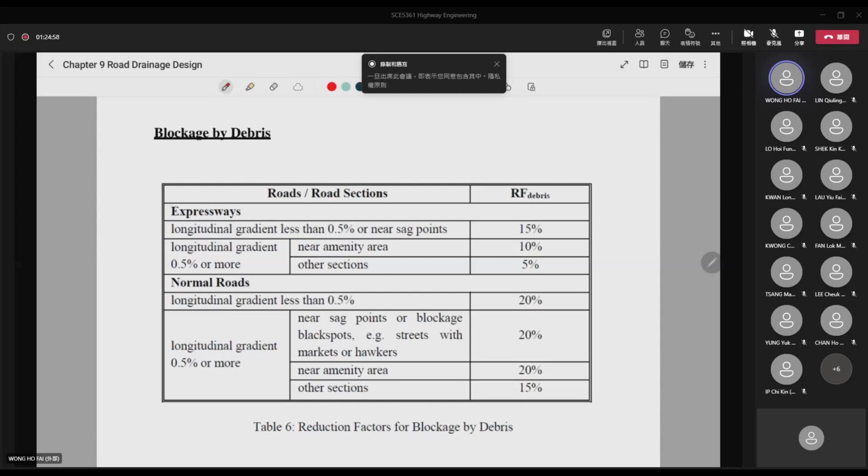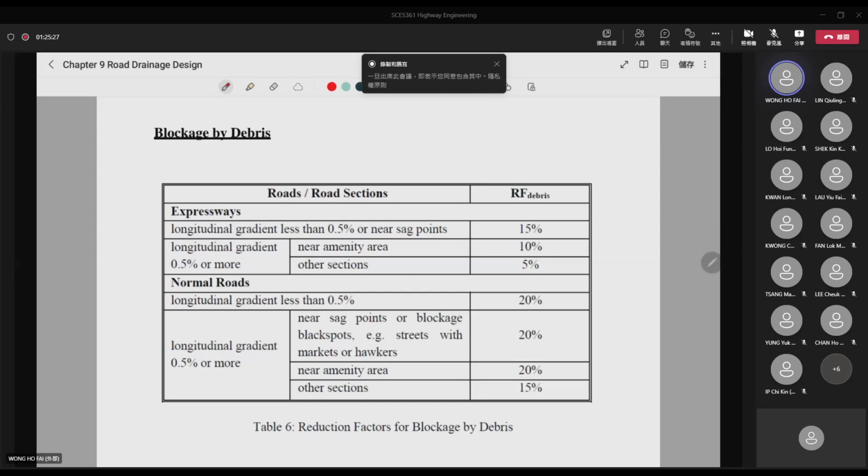And then for the normal road, if the longitudinal gradient is less than 0.5%, then the reduction factor is 20%. For the longitudinal gradient 0.5% or more, then near the sag points or the blockage black spots, like the street bridge, market or hawkers, maybe it will increase to 20%.